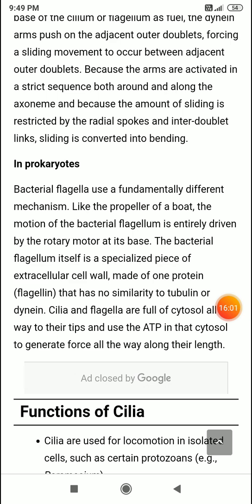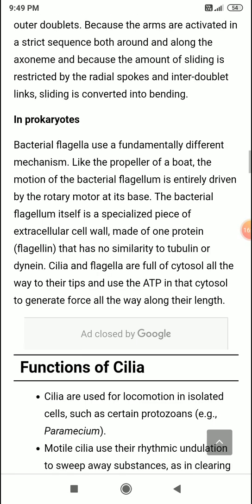Cilia and flagella are full of cytosol all the way to their tips and use the ATP in that cytosol to generate force all the way along their lengths. Okay girls, did you understand?